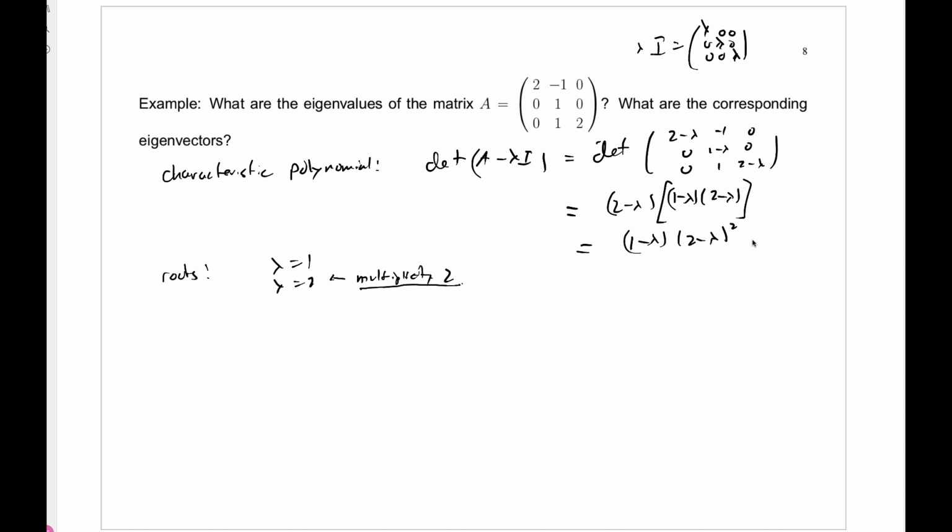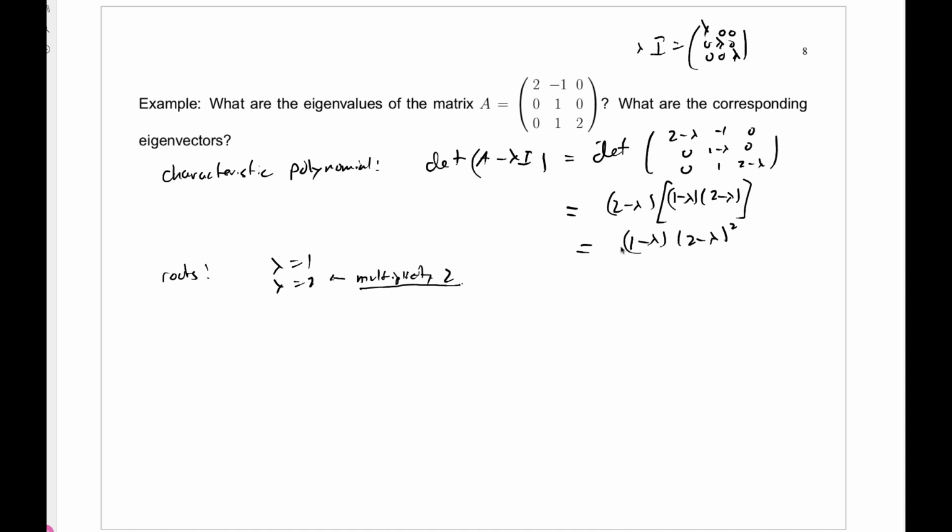In other words, you might have one independent eigenvector corresponding to that eigenvalue, or 2 or 3 or 4 or 5 independent eigenvectors corresponding to that same eigenvalue. You'll always have at least one eigenvector when you have an eigenvalue, because that is, by definition, what it means to be an eigenvalue. It means you have to have a non-zero vector x with Ax equals lambda x. In other words, there has to be a corresponding eigenvector.